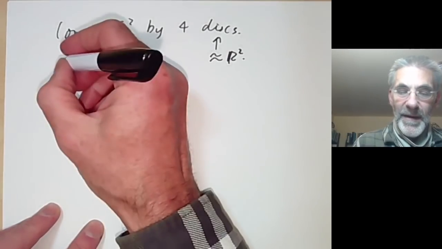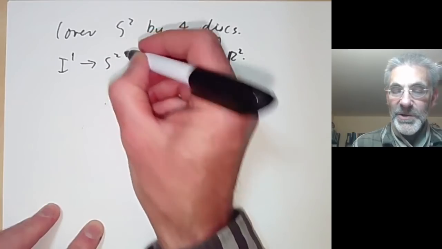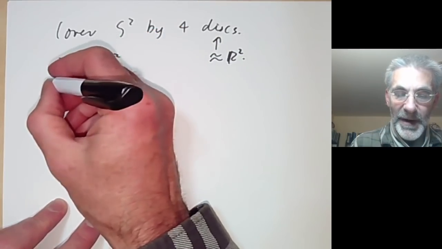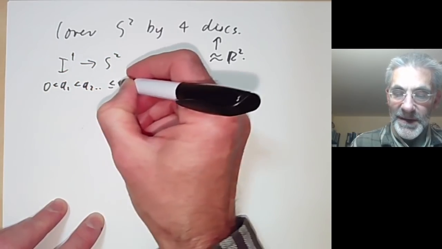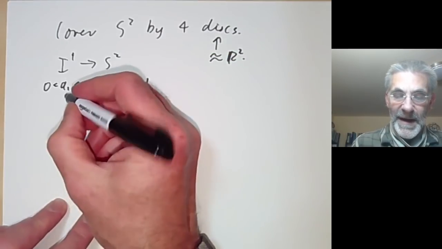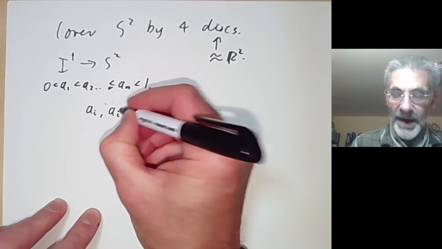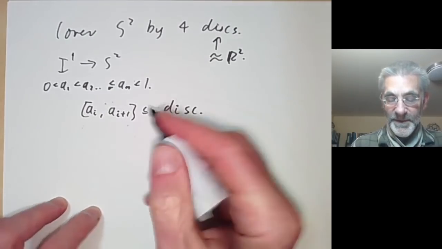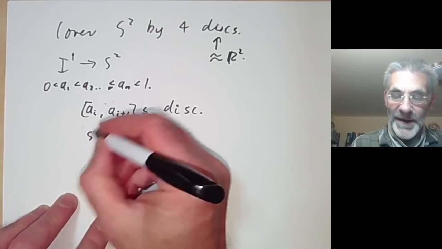And then we've got to map I from the unit interval to S2, and because I1 is contractible, we can arrange that there are a finite number of points, 0 less than A1 less than A2 less than AN less than 1, such that the image of each of these intervals from Ai to Ai plus 1 is contained in one of these disks. And then because it's in a disk, we can then straighten it.